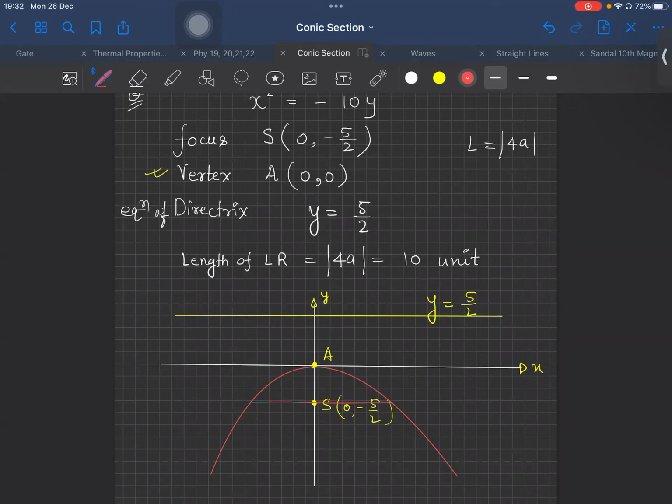What will be the end points of the latus rectum? Let's say this is one point, and this is another point. Can you tell me the coordinates of x and y? Shruti, you tell me the coordinate of y.